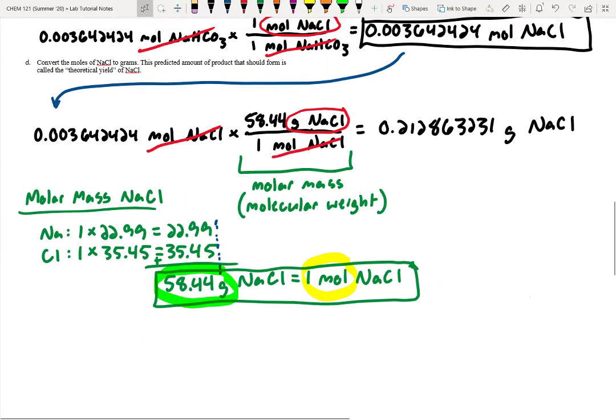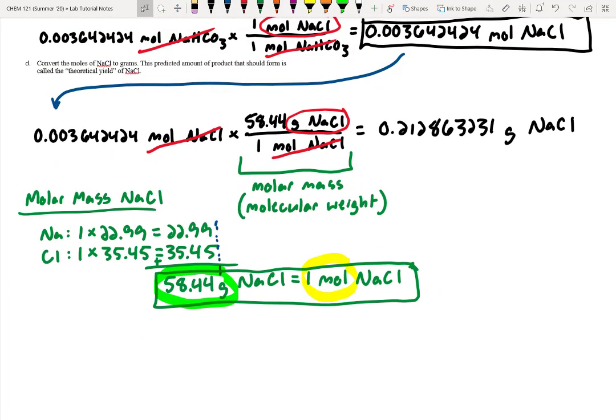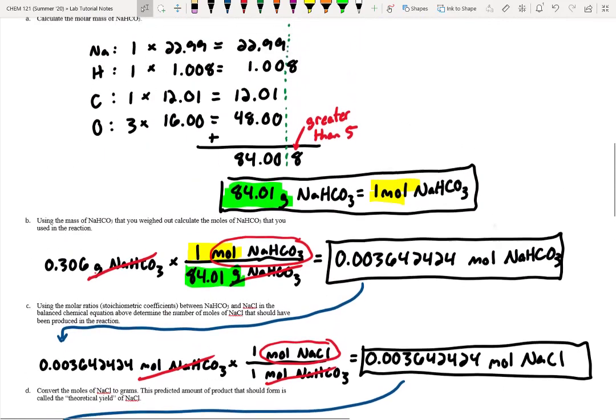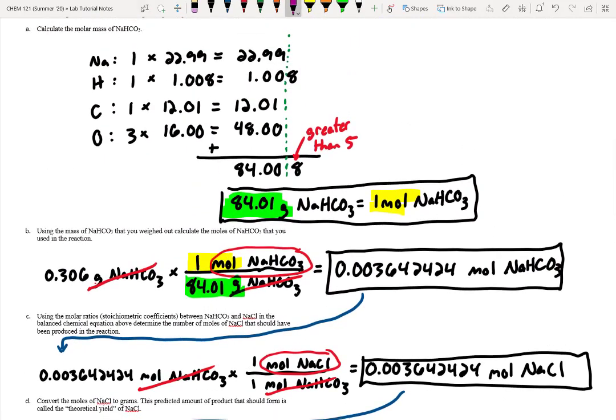Okay, so now we're kind of at the end here. We've gone through part A through D, but we're not done yet. Let's assess significant figures here, right? So let's go at the top. At the top, I've got 4 sig figs. Over here, I've got 4 sig figs. Over here, I've got 4 sig figs.